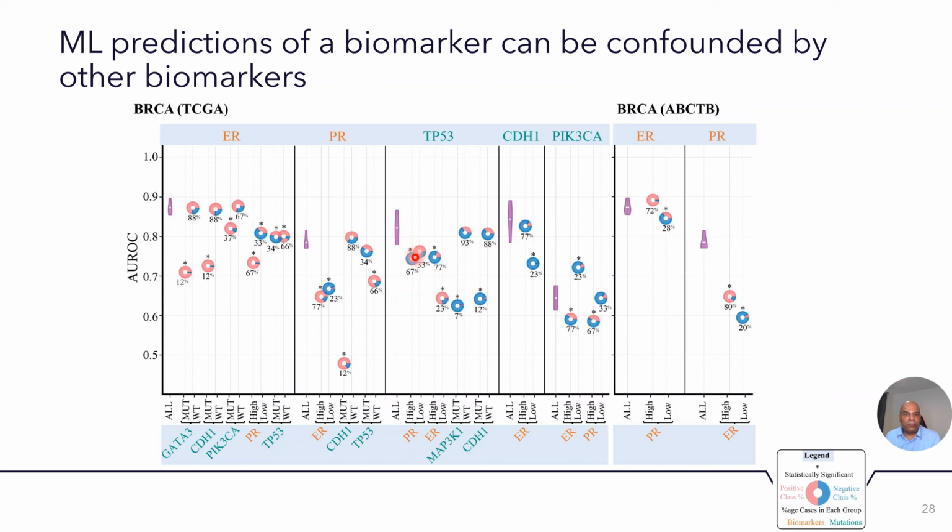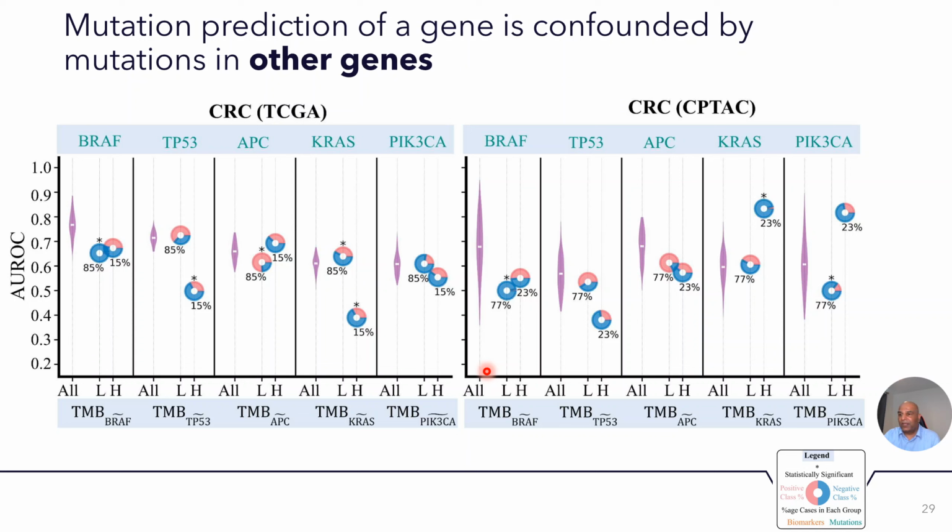The model does not perform as well as it does in the overall cohort in each of these two subgroups. The same story holds for ER prediction, for CDH1 mutations, and for other types of mutations and biomarkers as well. So the conclusion we are drawing is that machine learning predictions of a biomarker are confounded by other biomarkers.